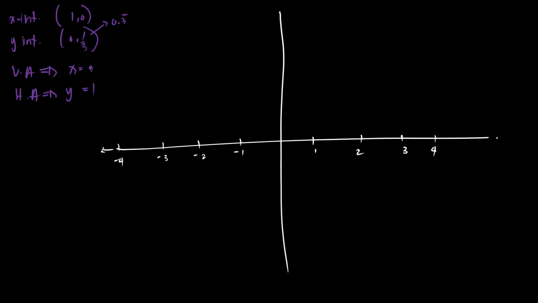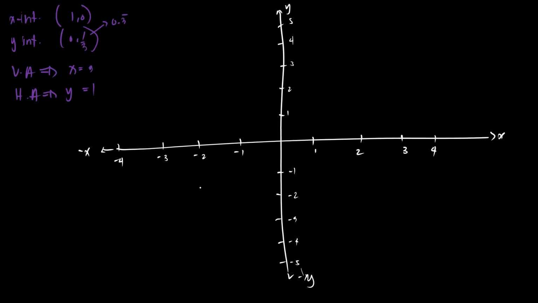Do not forget the arrowhead, class, ha? It means continuous. Okay, so 1, 2, 3, 4, and 5. Negative 1, negative 2, negative 3, negative 4 and negative 5.